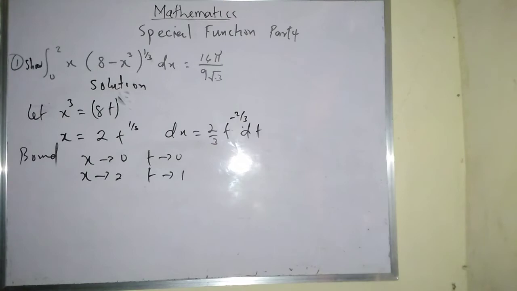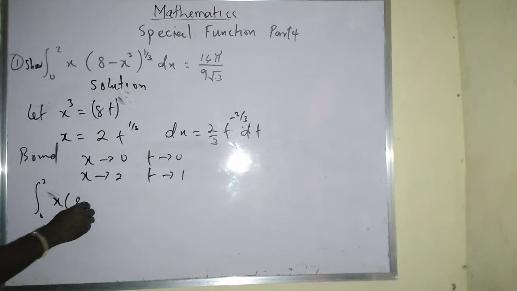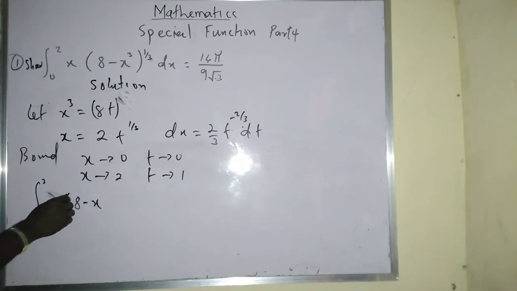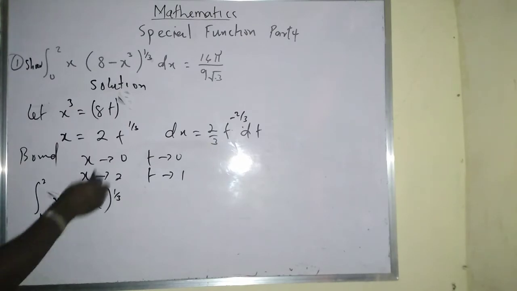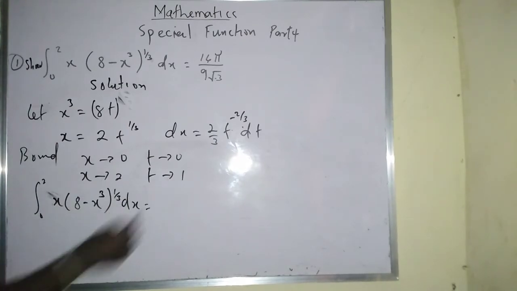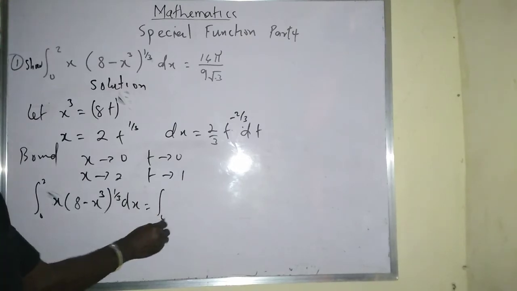Since I have all I need, I can now move on by having the integral running from 0 to 2, working with respect to my function, which is from here: 8 minus x raised to power 3, all raised to 1/3, dx, which becomes the integral from 0 to 1.